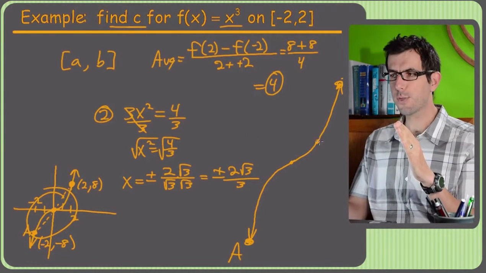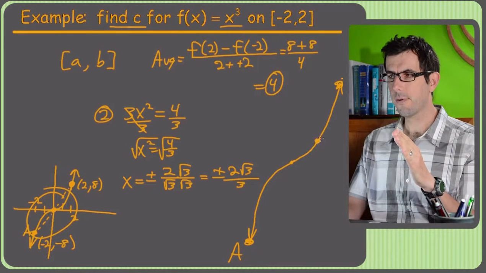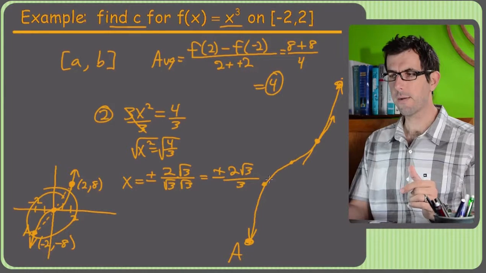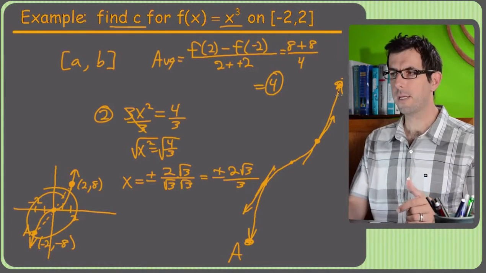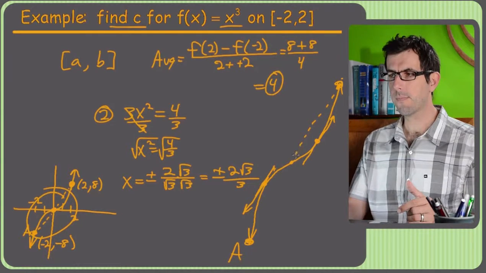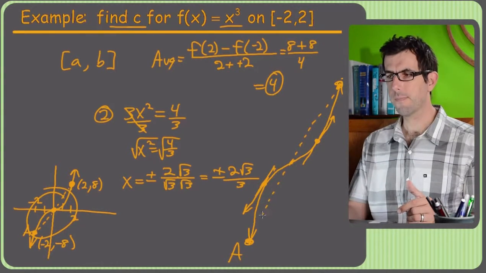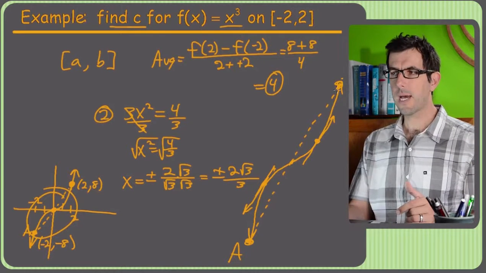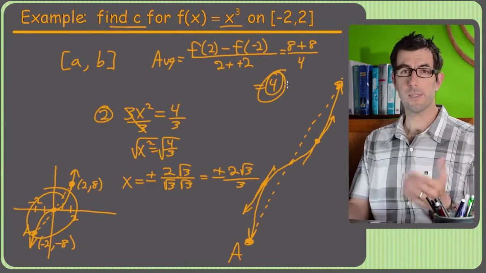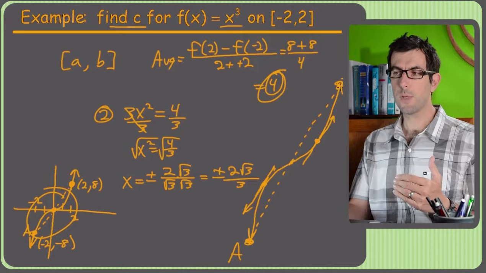You can see there's one right here where the tangent looks like that, but there's also one over here where the slope is also parallel to that average line between A and B. So the dotted line is what I found in step A, that has a slope of 4, just with rise over run between A and B.